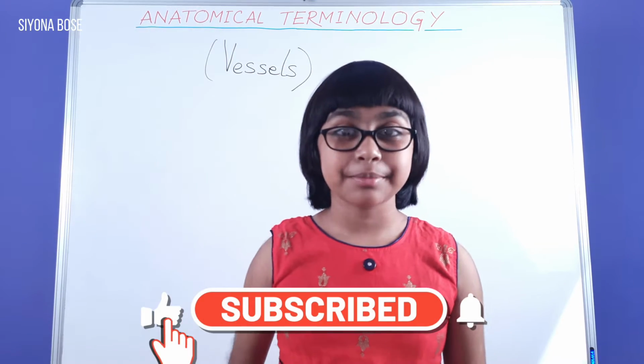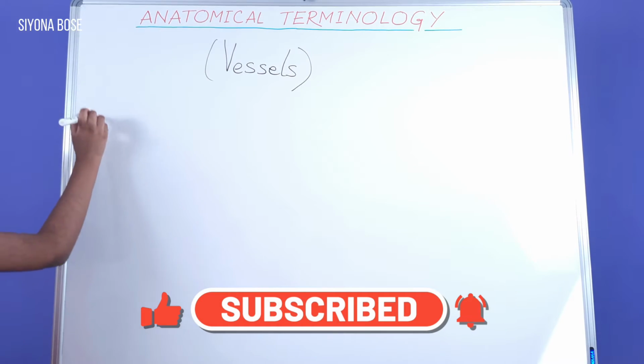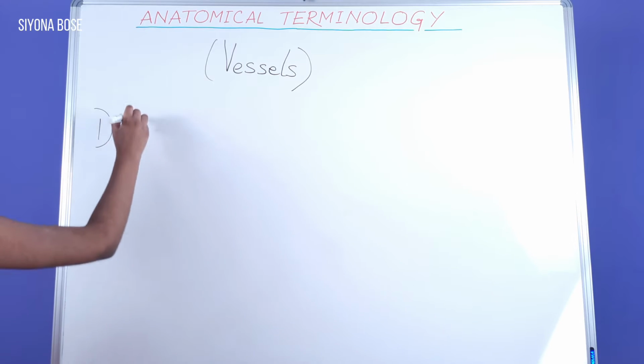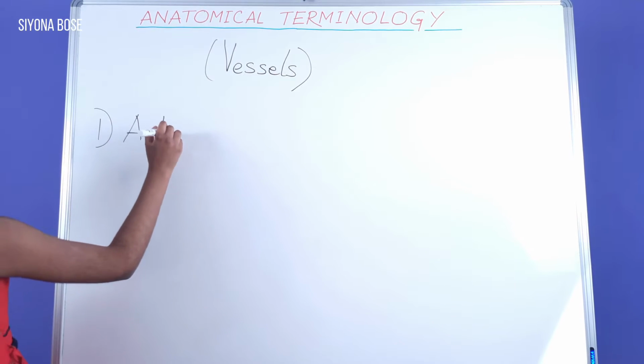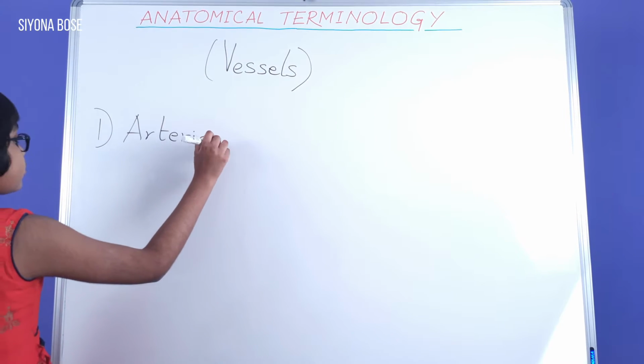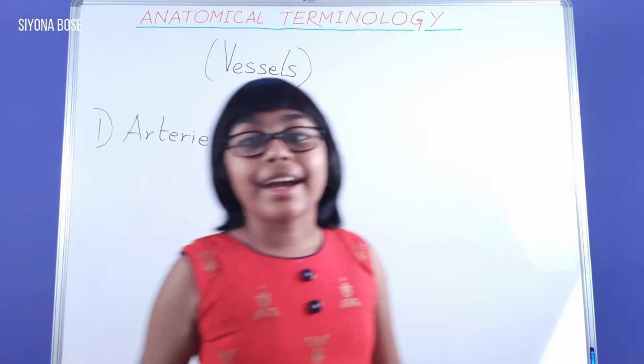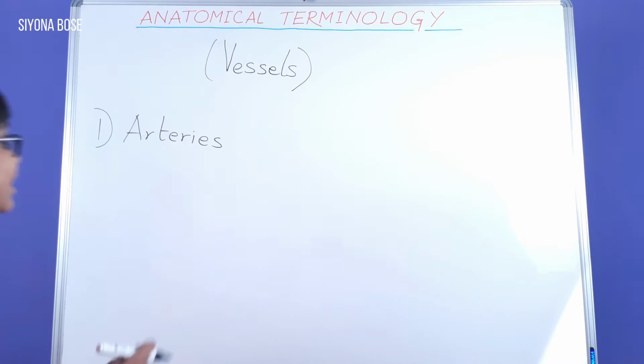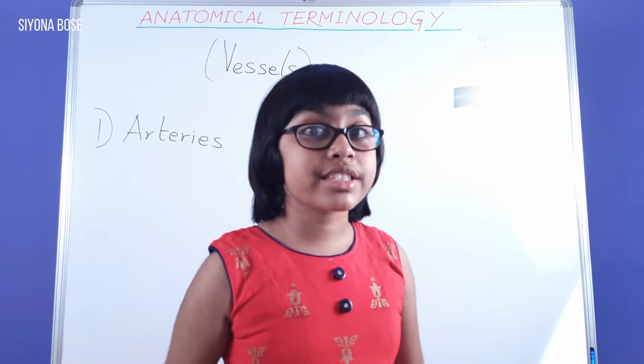So let's begin. Our first term is arteries. The arteries carry oxygenated blood. That means blood containing oxygen.